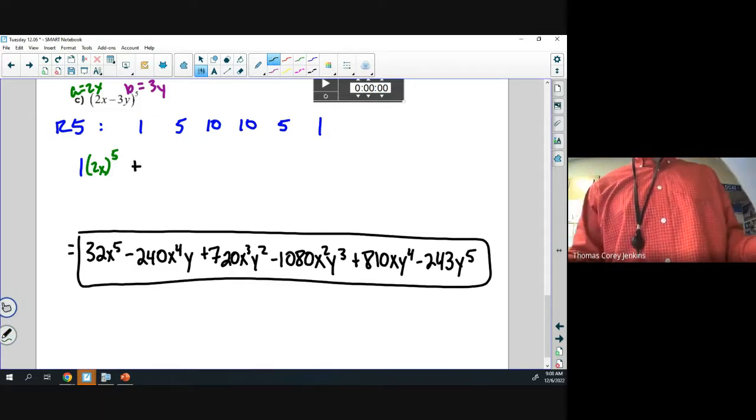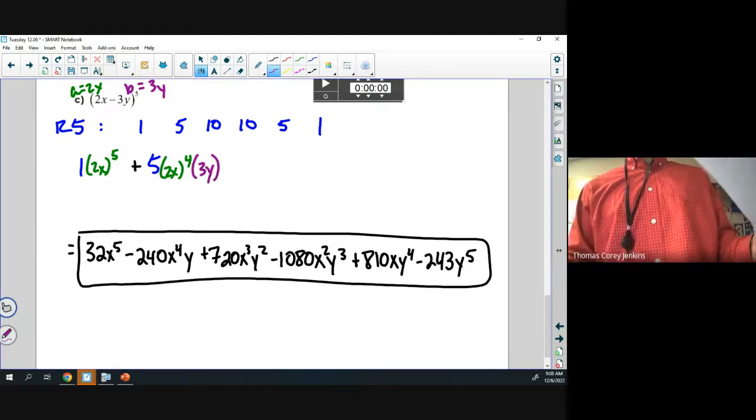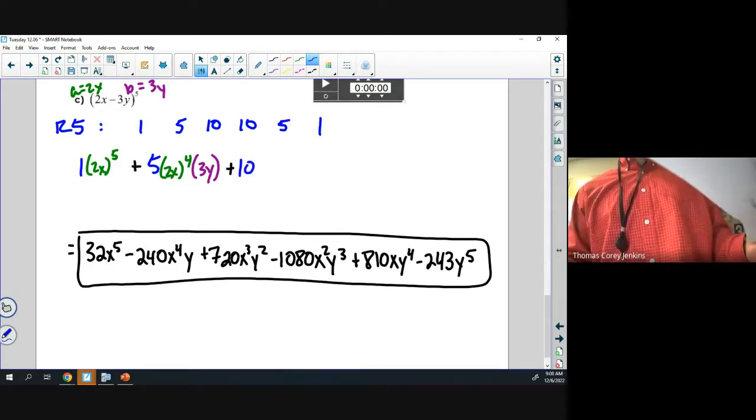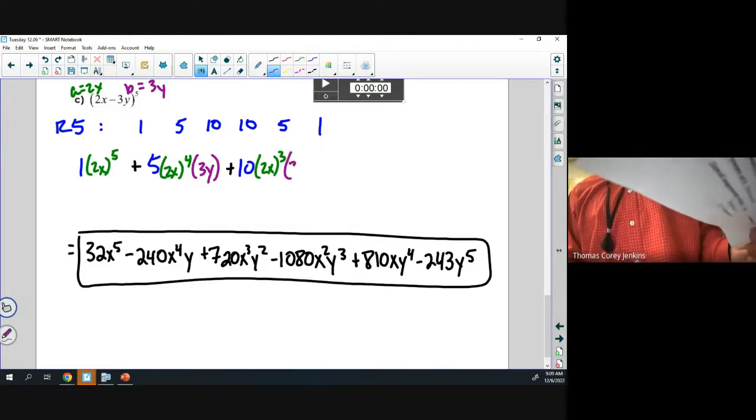Then we'll have 5 times 2x to the 4th times 3y to the 1st. Next term is going to be 10 times 2x to the 3rd times 3y to the 2nd.